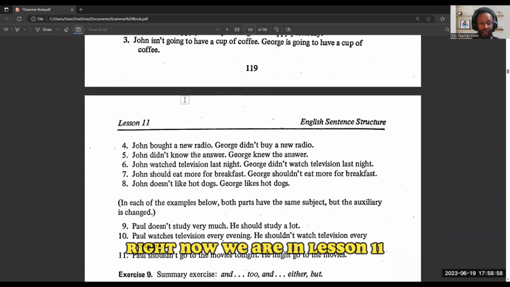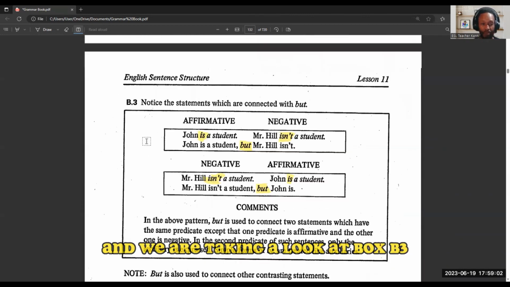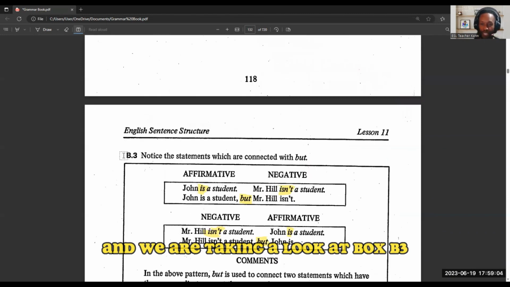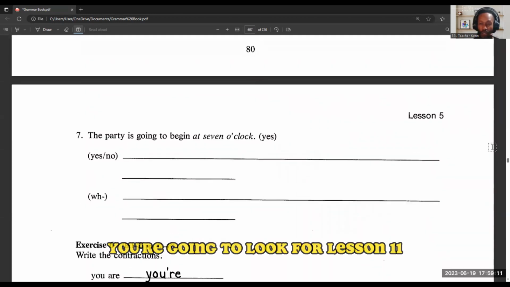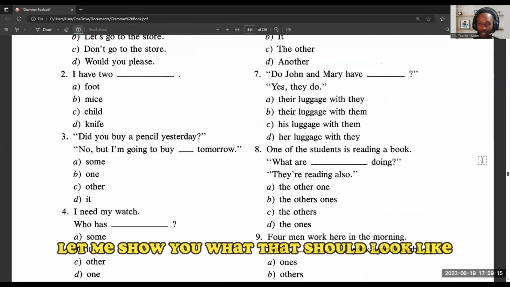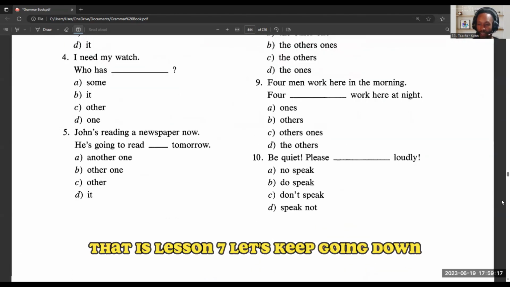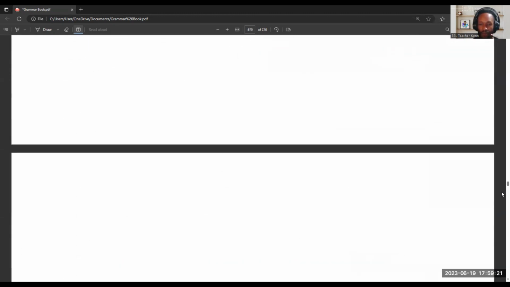Right now, we are in lesson 11, and we are taking a look at box B3. So when you go to the second half of the book, you're going to look for lesson 11. Let me show you what that should look like. That is lesson 7. Let's keep going down.